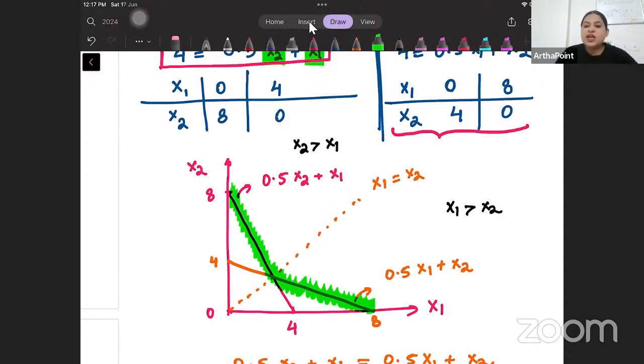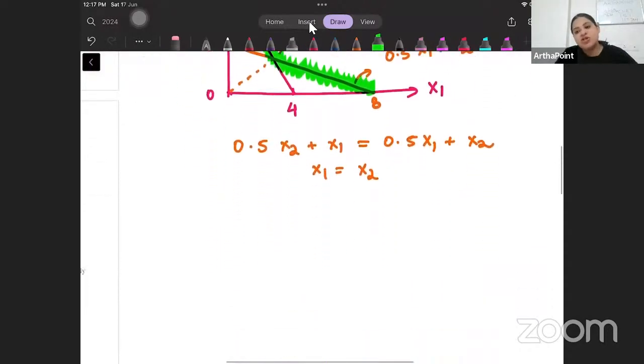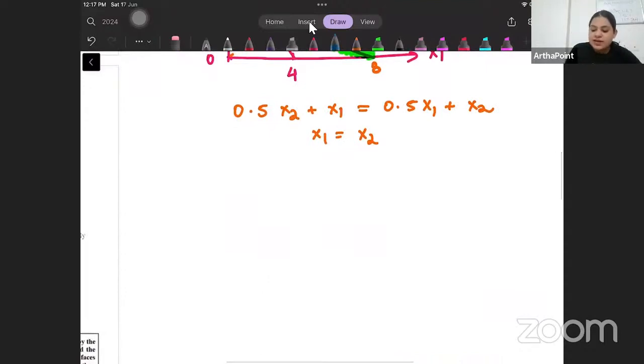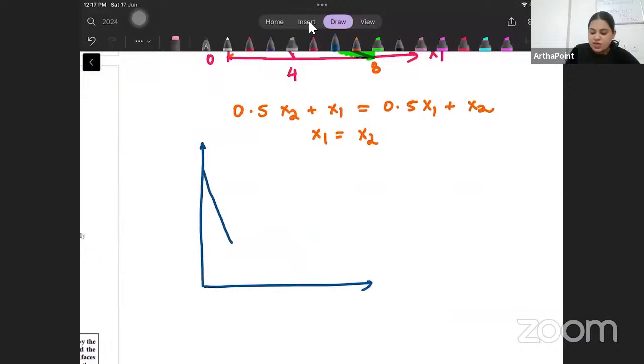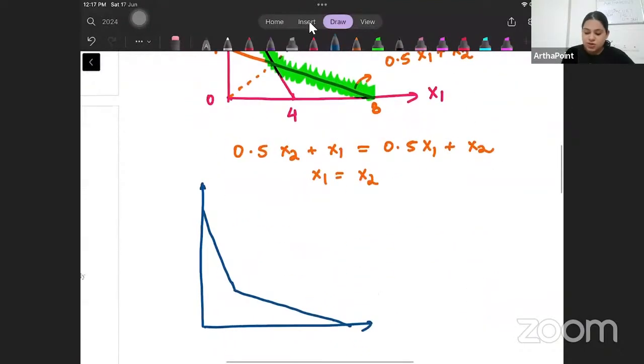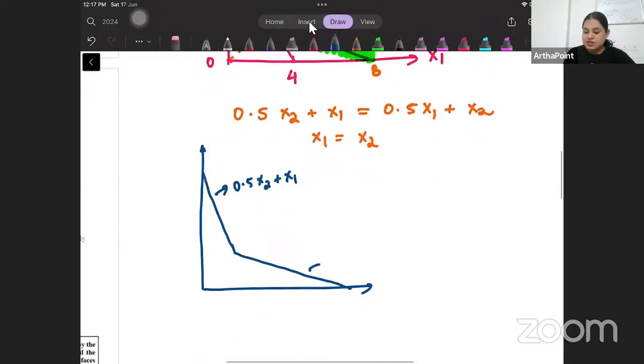So beta, the shape of the IC is much clearer to us now. In this case, our IC looks like this. This part's equation is 0.5 x2 plus x1, and this is 0.5 x1 plus x2.